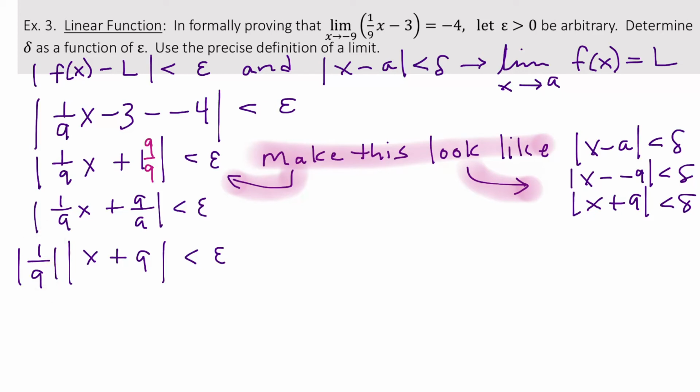All right, so now I can multiply both sides by 9, and that'll get rid of that. I'll have x plus 9 is less than 9 epsilon. Let's go ahead and cross those out so you can see what I just did.